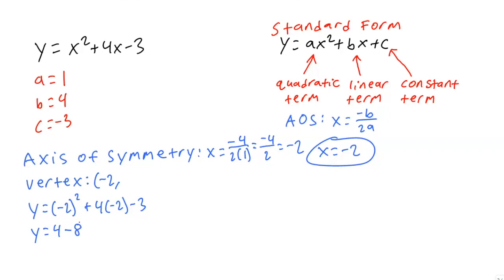Minus 8, because 4 times negative 2 gives you negative 8, and then minus 3 comes on the end. So y equals 4 minus 8 will give us negative 4, and then minus 3 will give us negative 7. So that makes our vertex negative 2, negative 7.